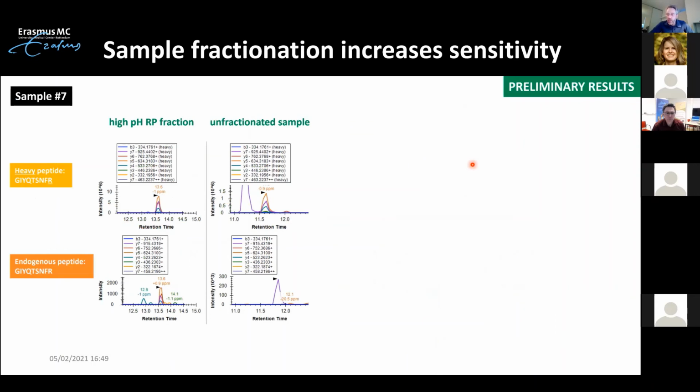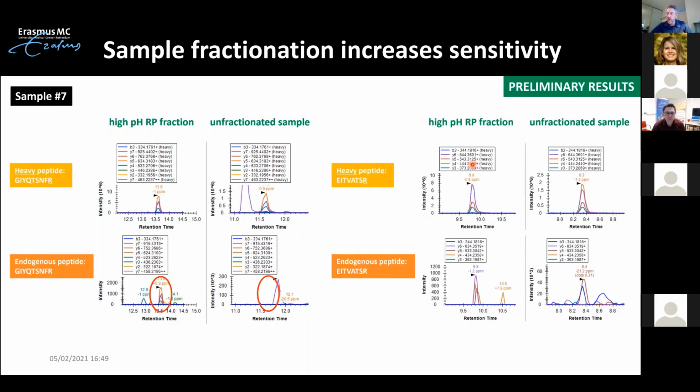Finally, we are trying to increase the sensitivity of detection by offline peptide fractionation of the samples. And as you can see here, using fractionation, we decrease the sample complexity. And in this case, we can detect the peptide in a relatively low viral count sample that remained undetected in the non-fractionated sample. The same is true for another peptide, this EIT peptide over here.